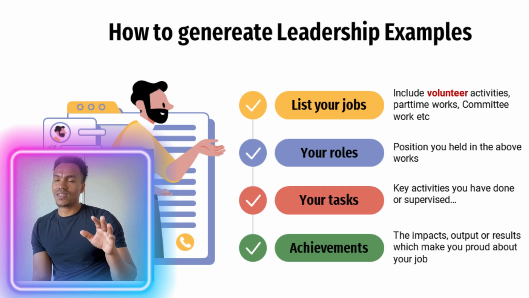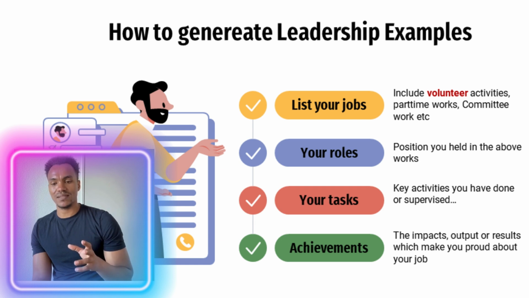So one of the questions most applicants ask is, how can I generate examples for my leadership essay? I can say you can list your jobs. You may have had jobs over maybe 5 years or 2 or 3 years, depending on your work experience.